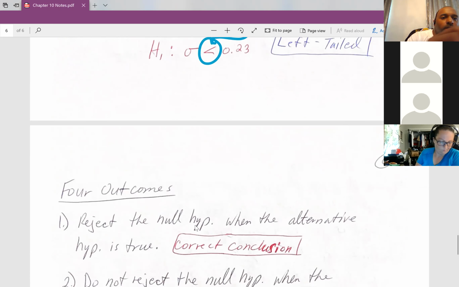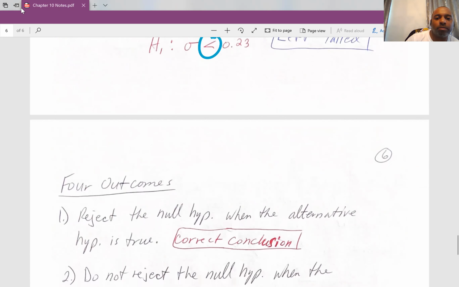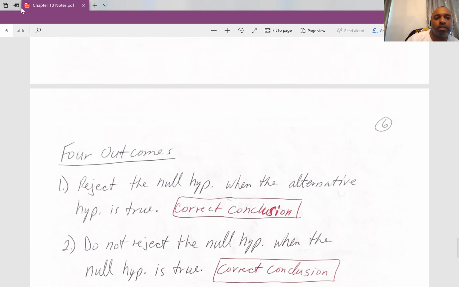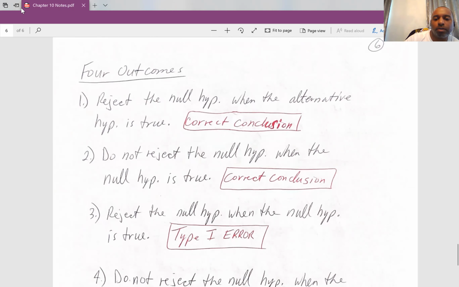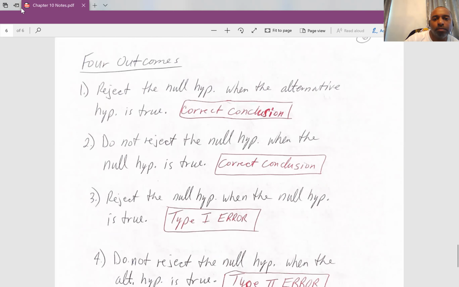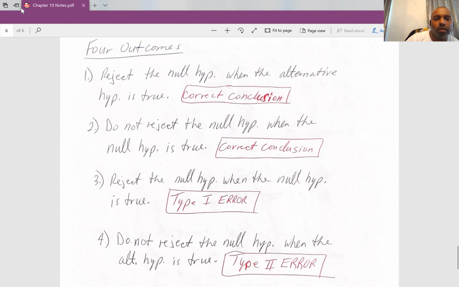All right, so let's look at these four possible outcomes from doing our test. We're talking about rejecting the null hypothesis when the alternative hypothesis is true. So that's a correct conclusion.